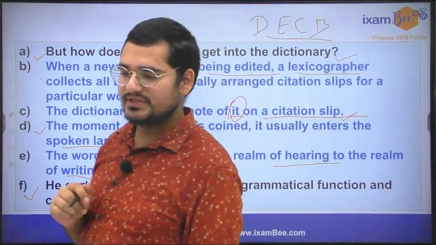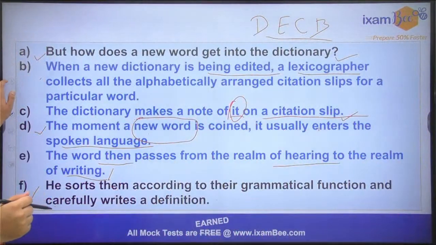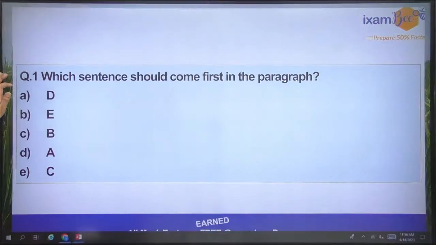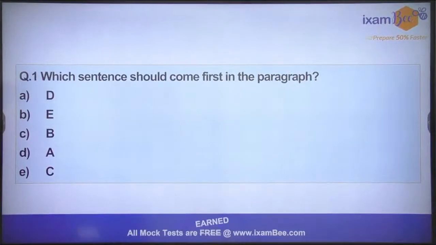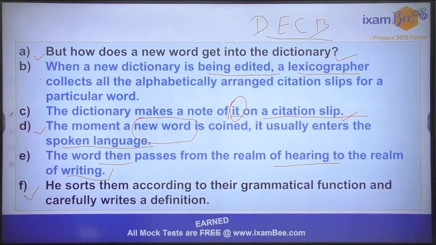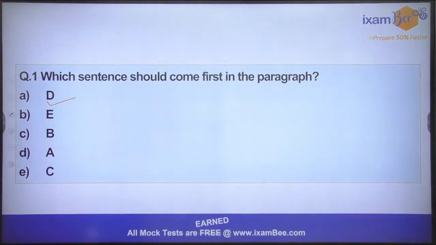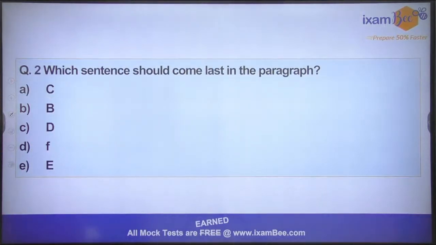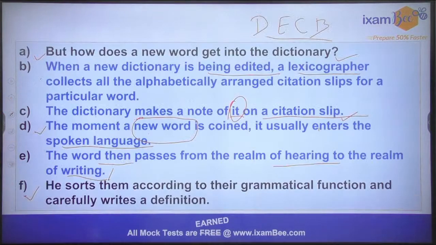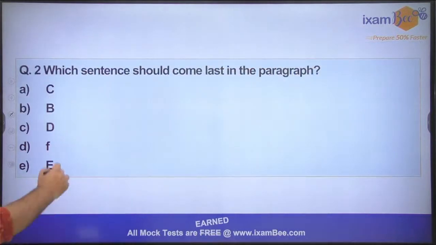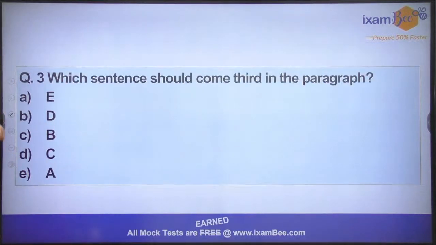So let's do the questions. Okay, so which sentence should come first in the paragraph? First, D, right? So we choose it as answer. So D. The next, which sentence should come last in the paragraph? We see which was the last, so it was B. The next, which sentence should come third in the paragraph?